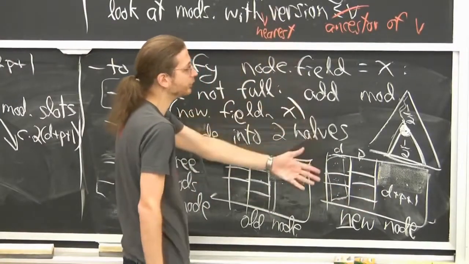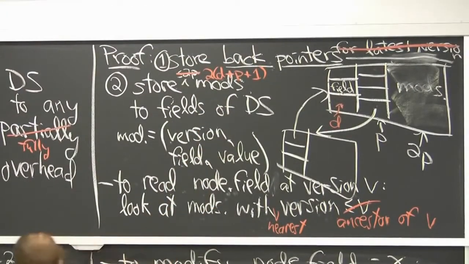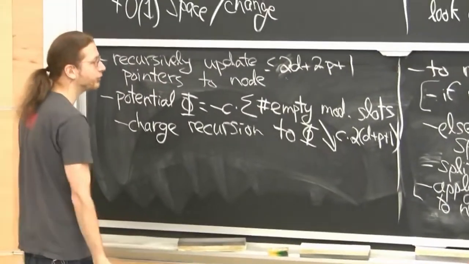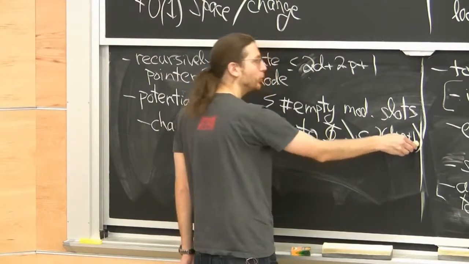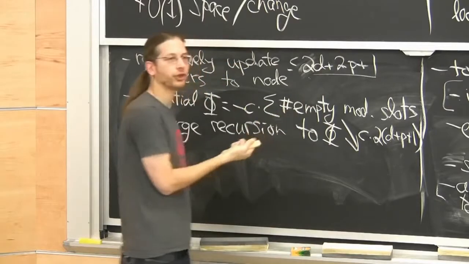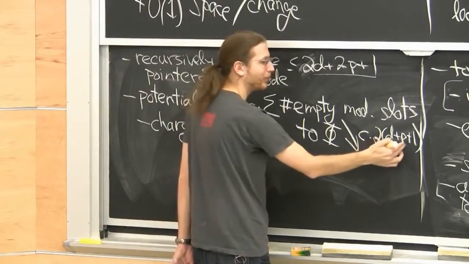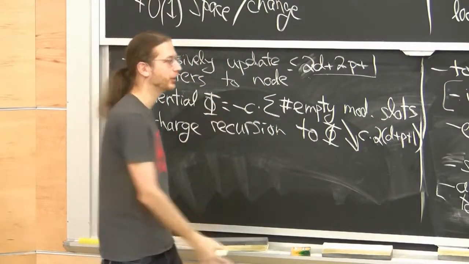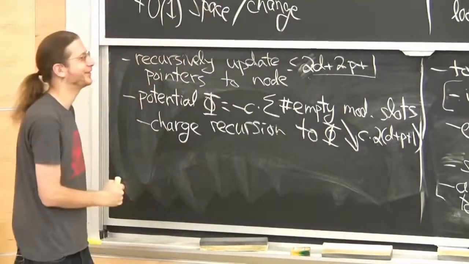We added one whole new node, and the total capacity of a node in mods is 2 times D plus P plus 1. So we get that times C. And this is basically just enough, because this is 2 times D plus 2 times P plus 2, and here we have a plus 1. And so the recursion gets annihilated by 2 times D plus 2 times P plus 1. And then there's 1 C left over to absorb whatever constant cost there was to do all this other work. So I got the constants just to work.